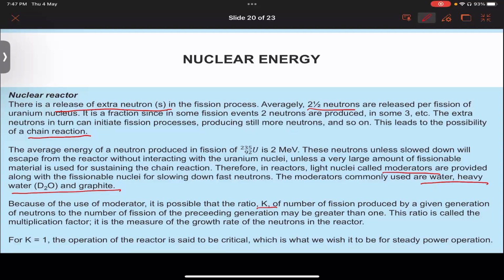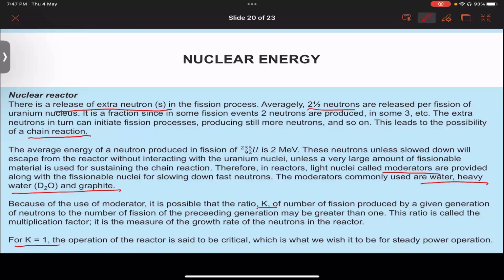It is the number of fissions produced by a given generation of neutrons to the number of fissions of the preceding generation. It could be greater than 1. It is also called the multiplication factor, and it gives you the growth rate of the neutrons in the reactor.